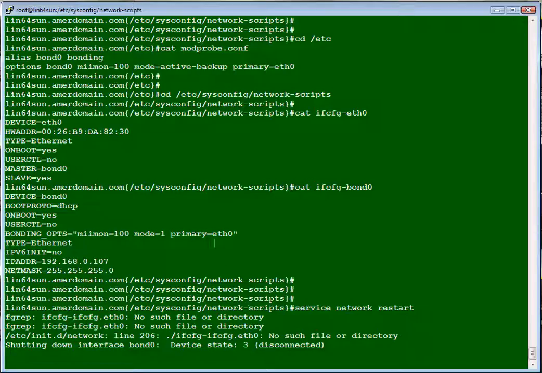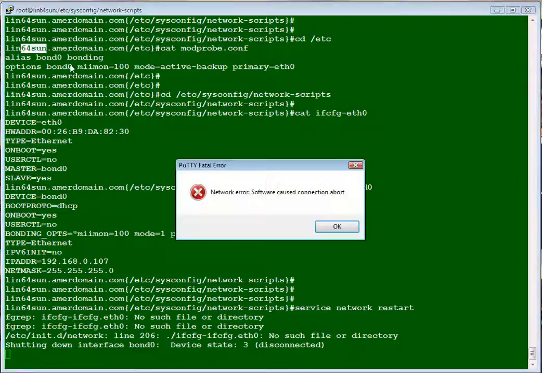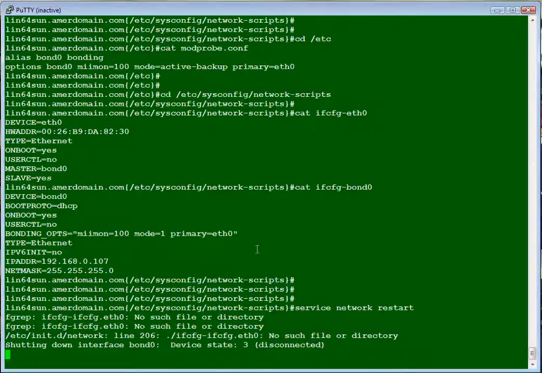You go to the console of that machine, because we have connected through SSH. See, this machine is gone out of network, right? So in this case, what you have to do is go to the console of that server, the administration console, you know. Physically you have to go there.